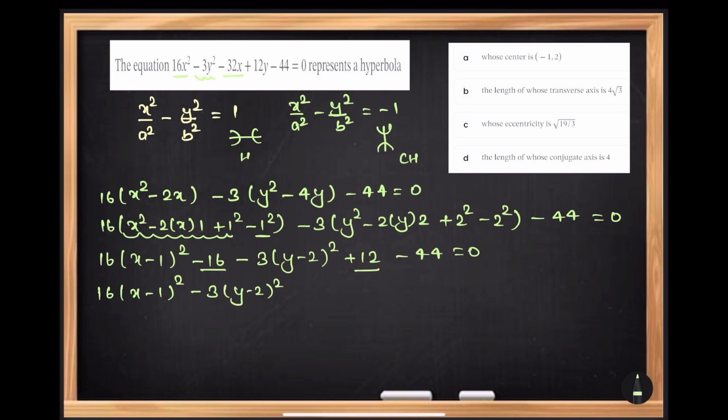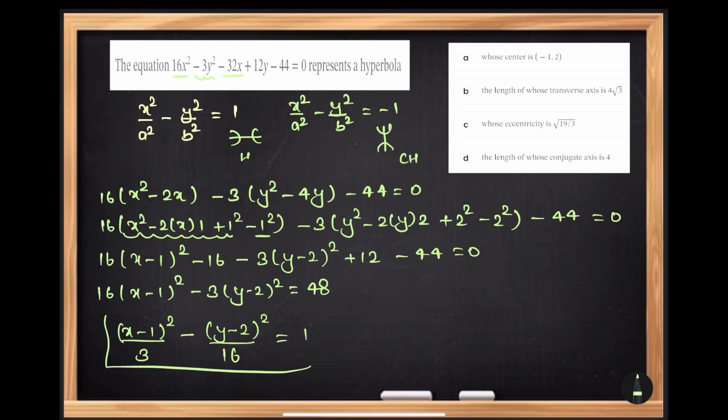This is minus 16, this is plus 12, so it is minus 4, and with minus 44 it becomes minus 48. So that side is plus 48. Now can I divide both sides by 48? So we have (x minus 1) whole square by 3 minus (y minus 2) whole square by 16 equals 1.